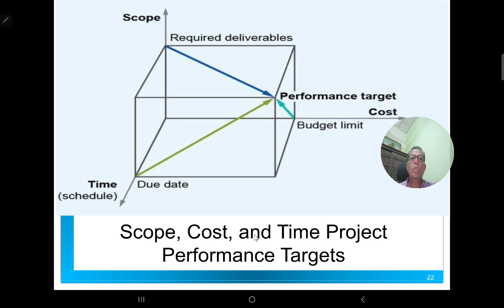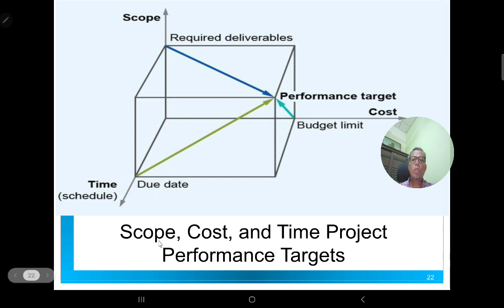In order to have a high performance project output, you have to stick to the budget limit to the maximum, and you have to fulfill the due date of the project to be completed. And of course, the specification, the objectives of the project should be fulfilled at the end of the project.